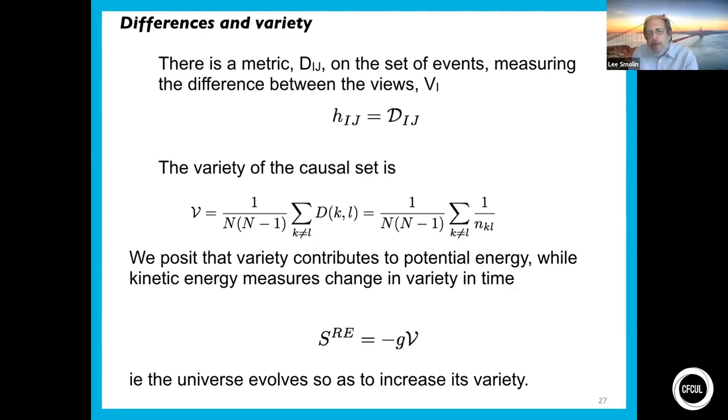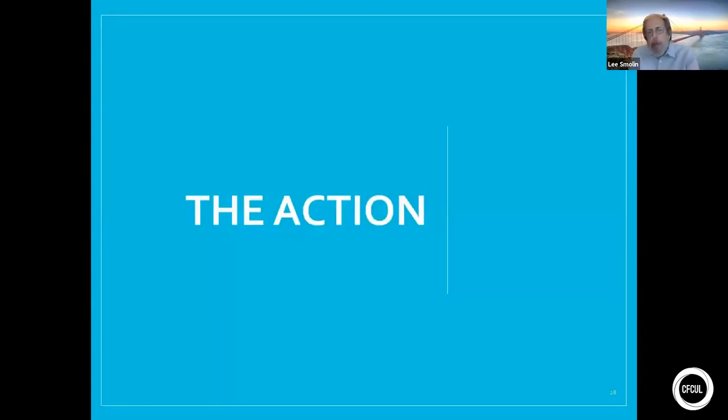From that, we construct the variety, and the variety is part of the action principle. It's basically analogous to the potential energy. So in words and in concepts, it's very easy. We're very Leibnizian, and we're asking the universe to develop by increasing its variety.